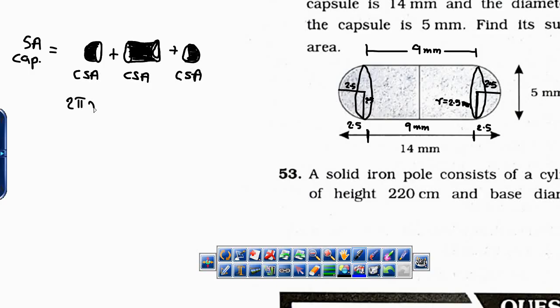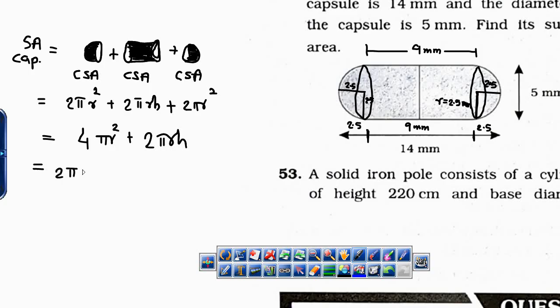Formulas are 2 pi r square, 2 pi r h, 2 pi r square. 2 pi r square plus 2 pi r square is 4 pi r square plus 2 pi r h.